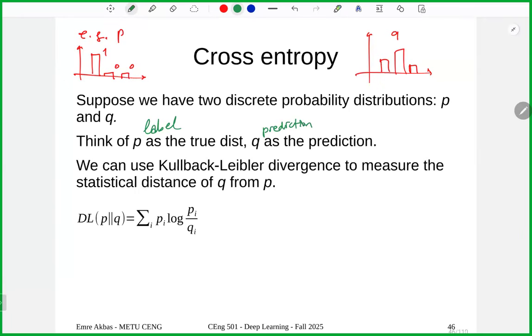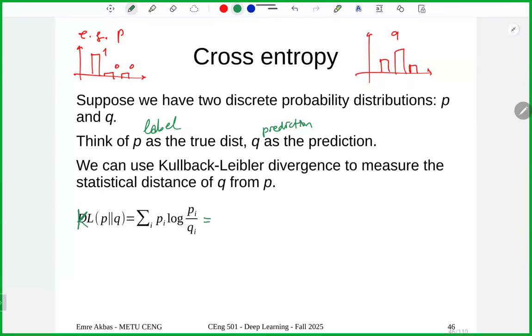As you know from information theory, there is this Kullback-Leibler divergence, which measures the statistical distance between two distributions. KL divergence between P and Q is written like this. It's not symmetric, by the way, be careful.